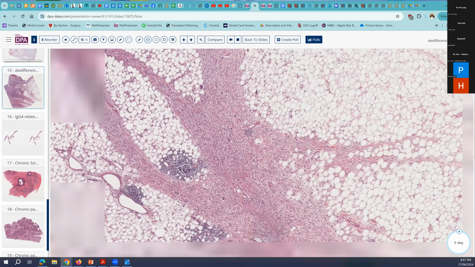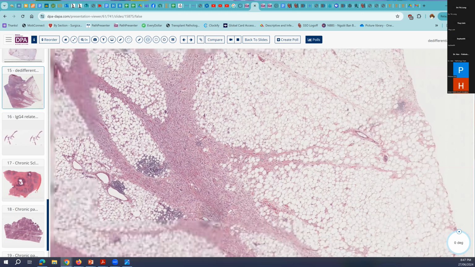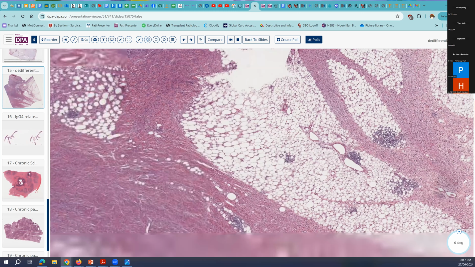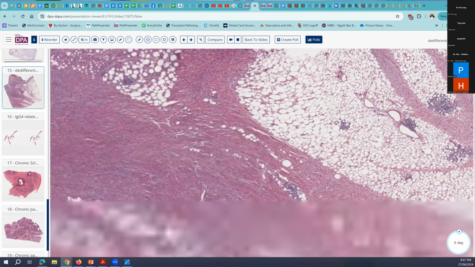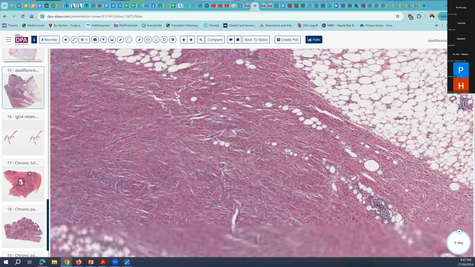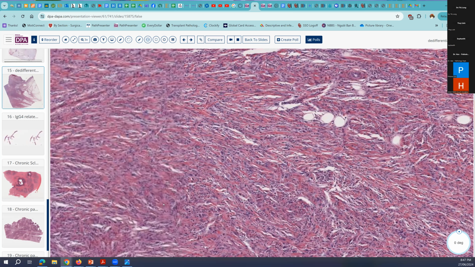So if this is all we had, we would call it well-differentiated liposarcoma, and maybe comment that there's some active inflammation. On the other hand, you do want to look at the other areas, and this had areas of solid growth, as you can see here, with high cellularity and a great degree of pleomorphism, a little bit more cellularity than we saw in our first case that we talked about.